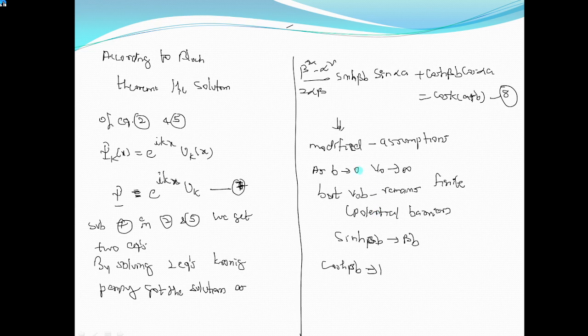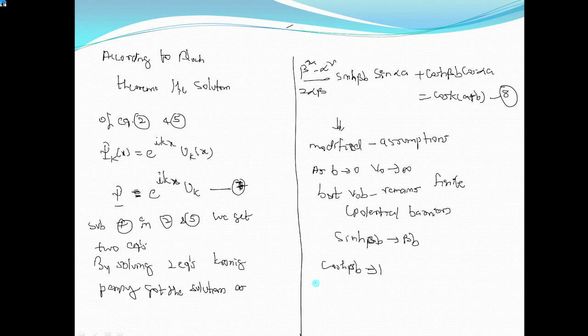So these are the assumptions. As b tends to 0, v naught tends to infinity, but v naught b remains finite. If sinh beta b is there, keep it as beta b. If cosh beta b is there, keep it as 1.